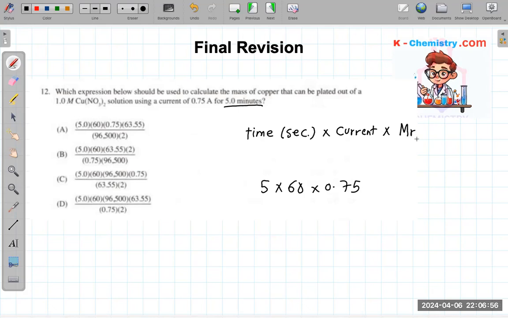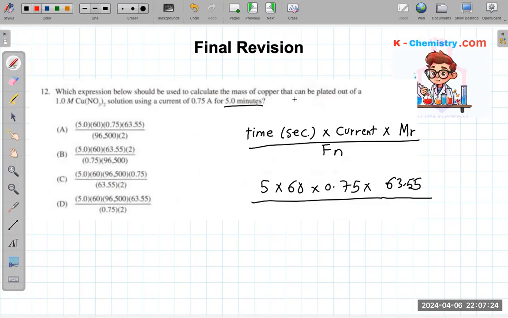The molar mass divided by the F and the number of electrons. So multiplied by the molar mass of what? CuNO3? Cu only, the metal only, which is depositing.